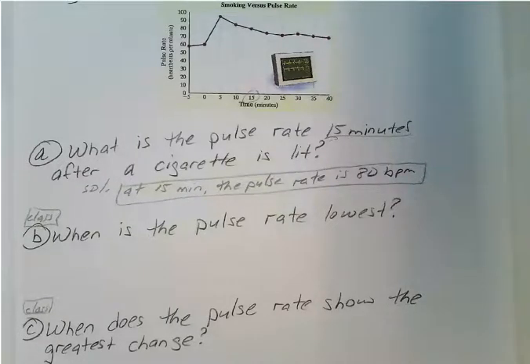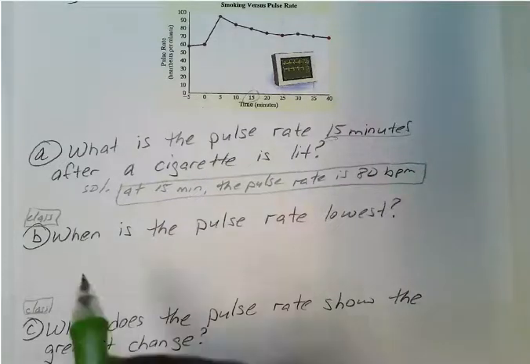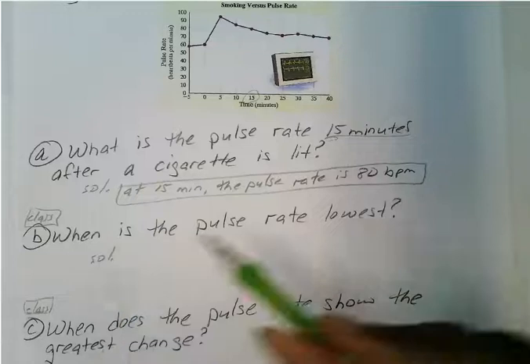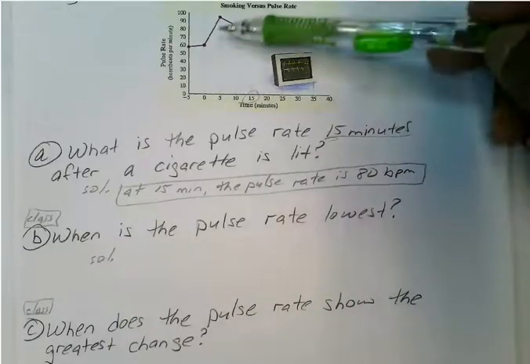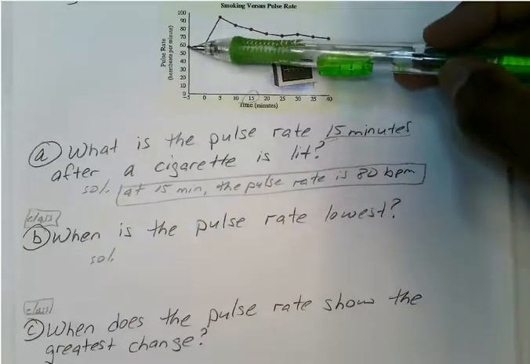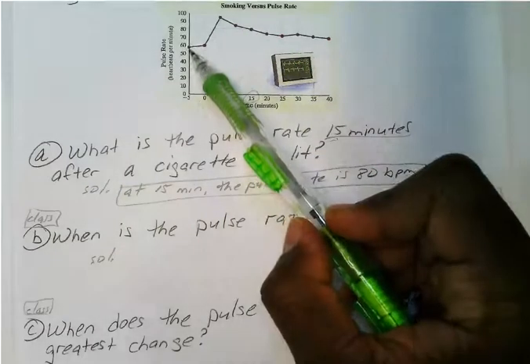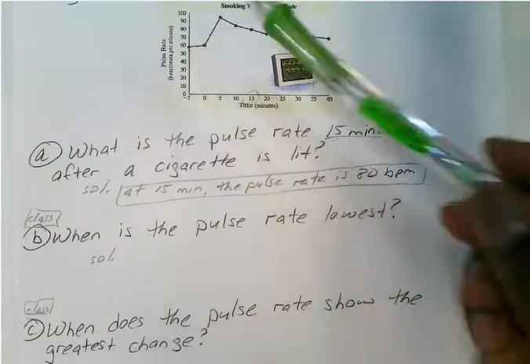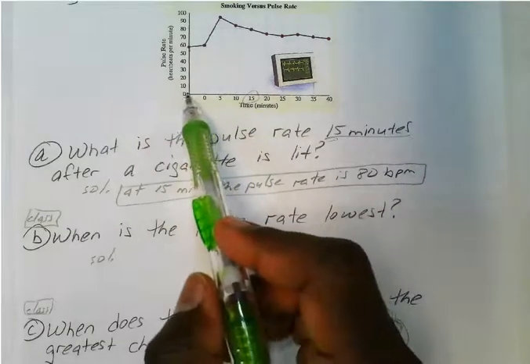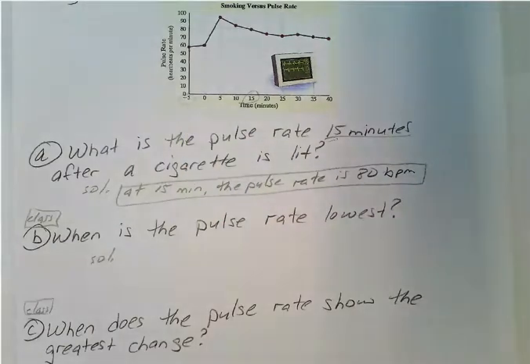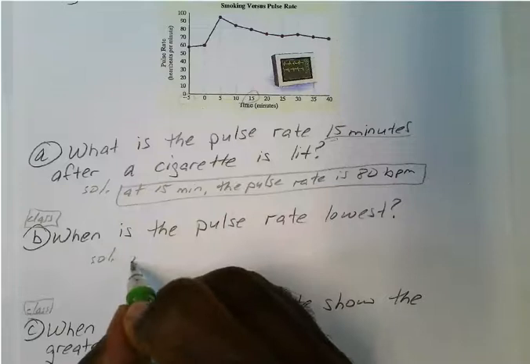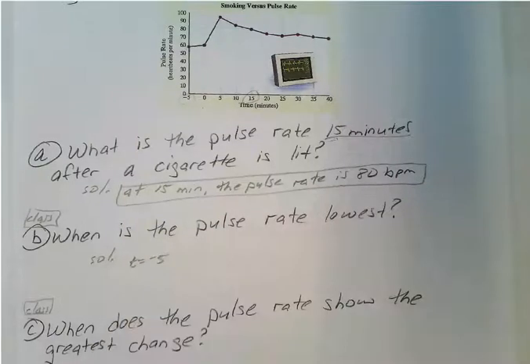All right, so I'm assuming you've paused it and solved those two. So for B, you can see the pulse rate is lowest right here at the beginning. Everything else is higher than that. So this is the lowest pulse rate, and that is at -5. Okay, so what does that mean?